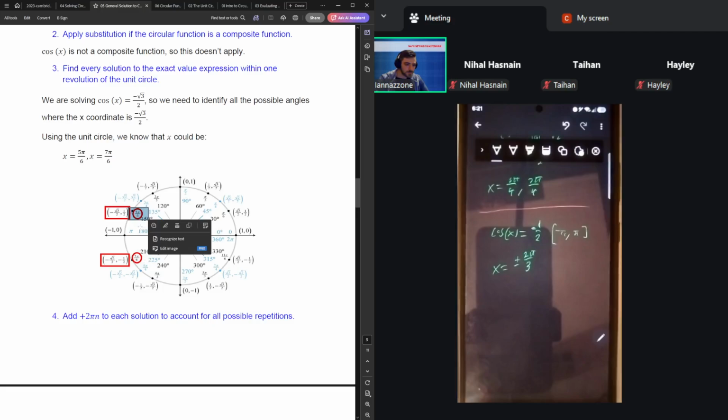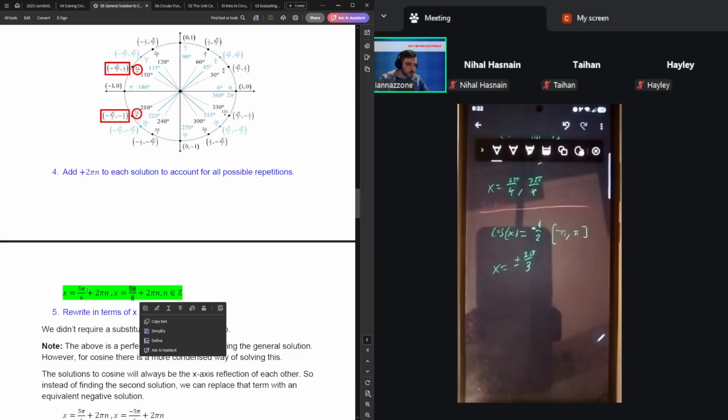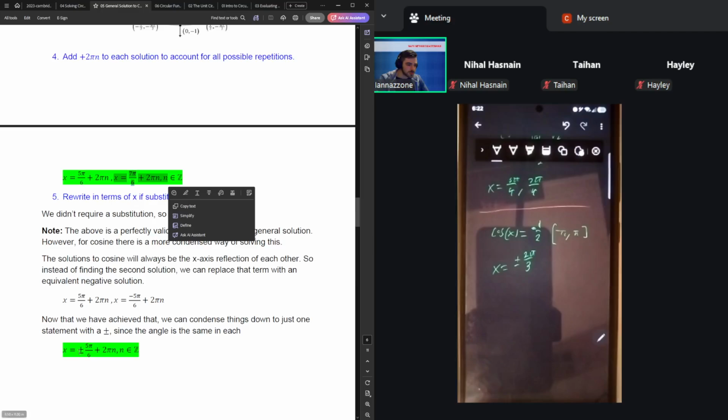So in this case, you have 5 pi on 6 and 7 pi over 6. Or more accurately, you would pick the smaller of the two solutions, since both of these are technically positive. Rather than put plus 2 pi n on both of those things, kill one of them, and then just put a plus minus on the first.